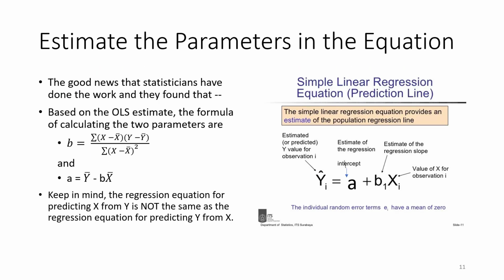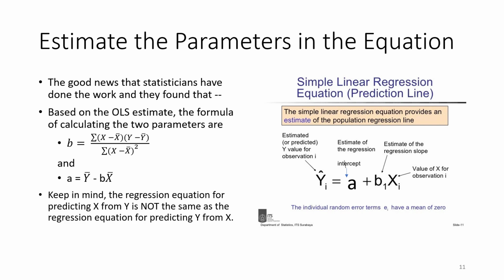Skipping the mathematical details, I'm happy to give you the formulas to calculate the values of a and b. Based on the OLS estimate, the formula for calculating the regression coefficient b is the sum of the cross products of the deviation scores of x and y over the sum of squares of x.